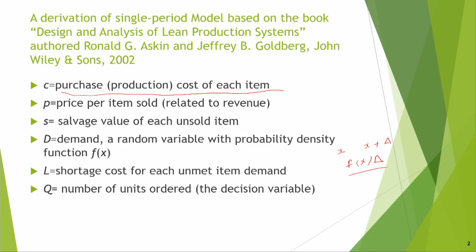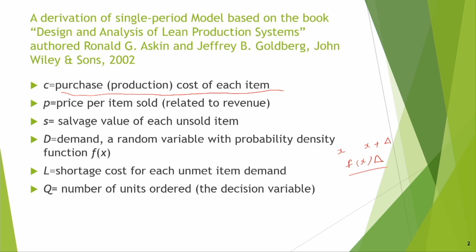Or you can also consider how much profit you are losing. And Q is equal to the number of units ordered, which is a decision variable: how many units I should order considering this probabilistic situation.